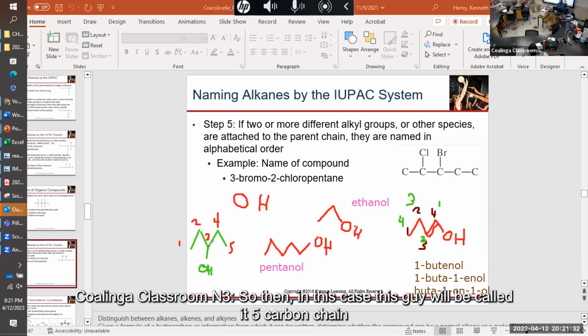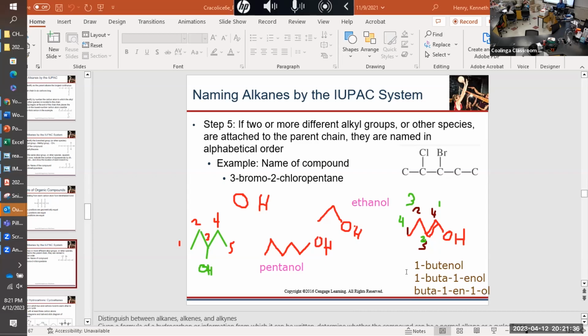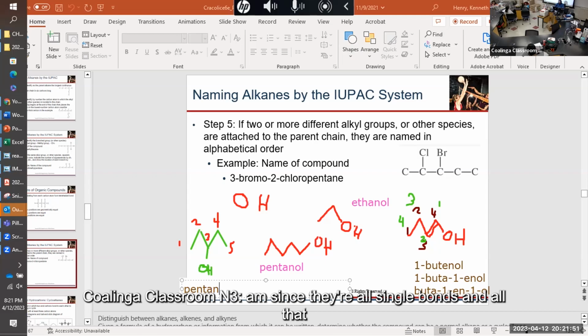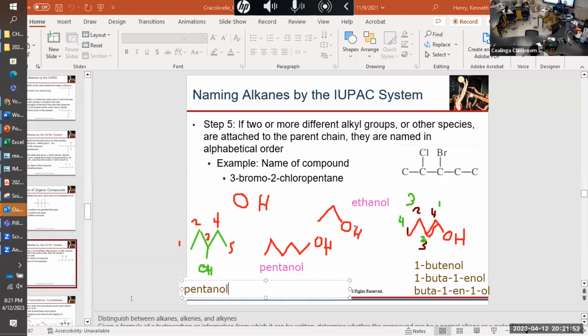So then, in this case, since it's a 5 carbon chain, what is going to be my prefix for 5? And then "an", since they're all single bonds, and then "ol".